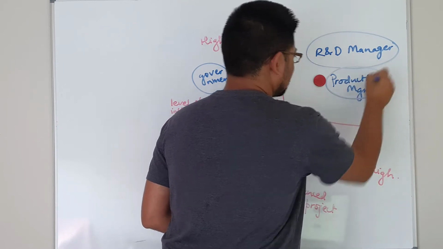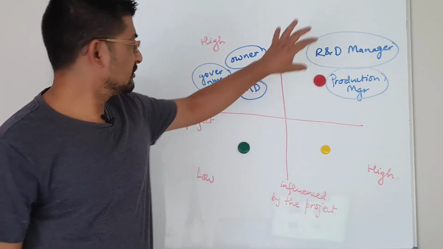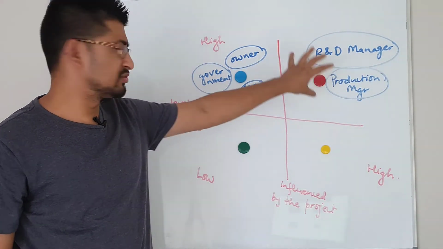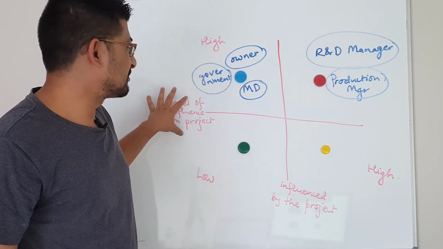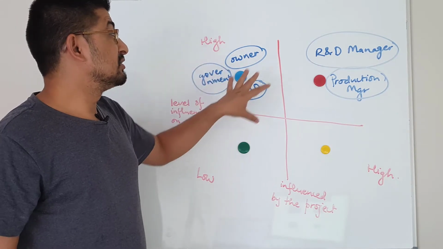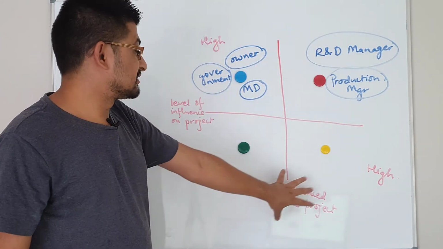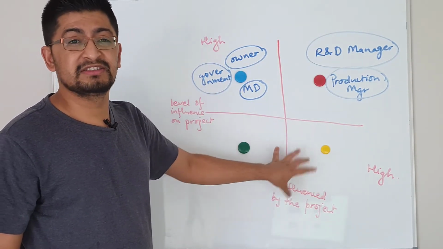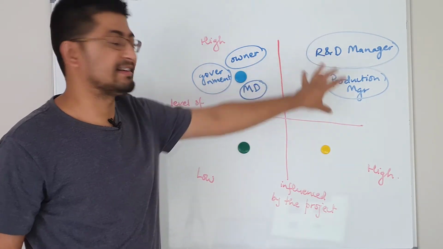These are the stakeholders who have high influence on the project, because without them you can't complete it, and they care about its success, because if the project is unsuccessful, it is going to impact them.